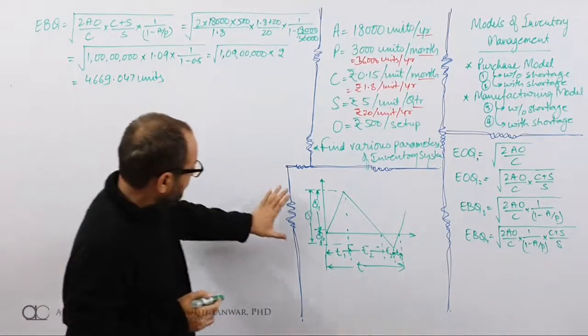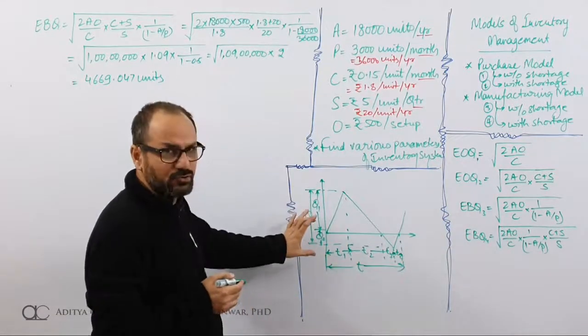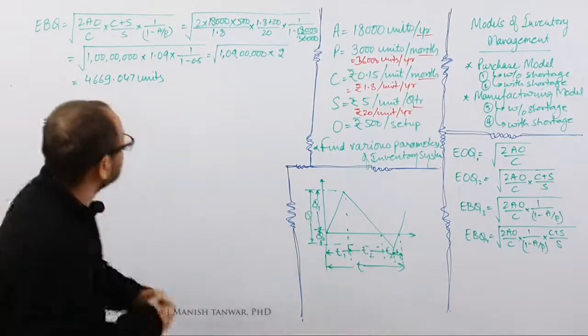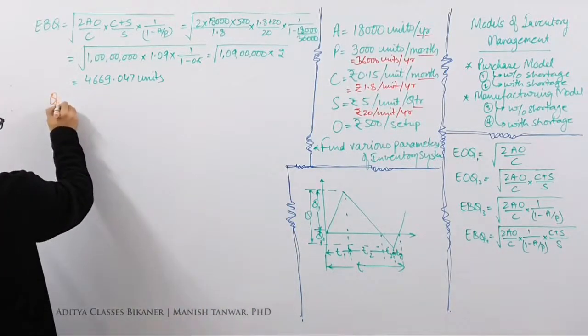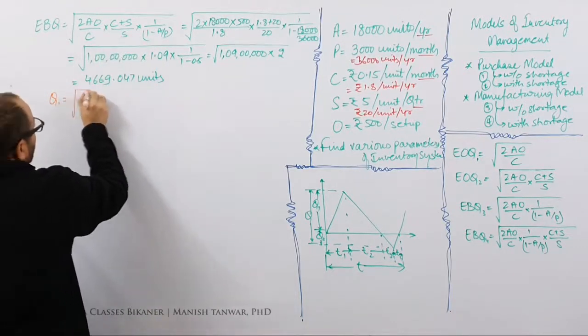We are through with EBQ, fourth model. Next would be Q1 and Q2. If we add those, we will get Q. What will be the formula for Q1? Q1 is, these factors get reciprocaled.